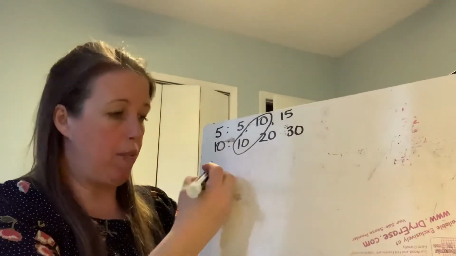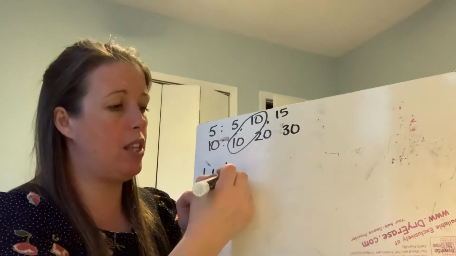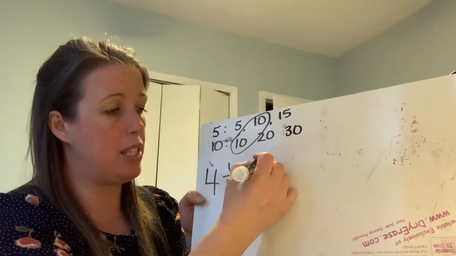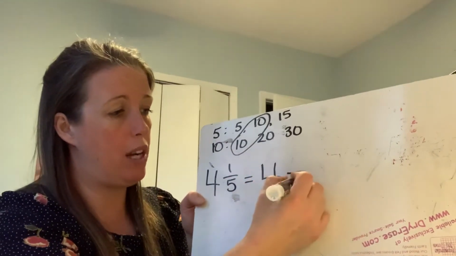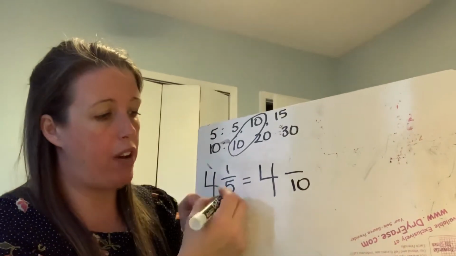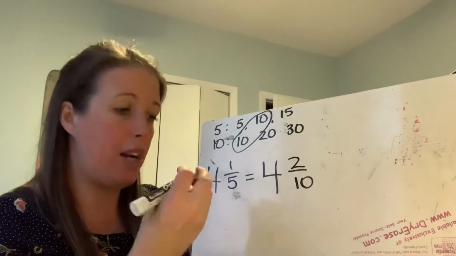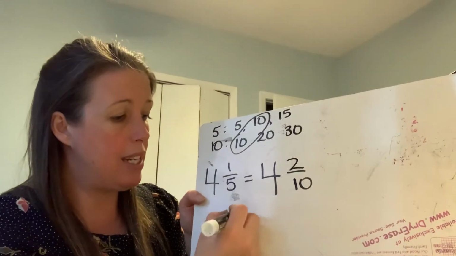So now let's rename it. 4 and a 5th. Let's turn it into tenths. That's the same as 4 and how many tenths? 5 times 2 is 10. 1 times 2 is 2. And then I had 2 and 8 tenths.